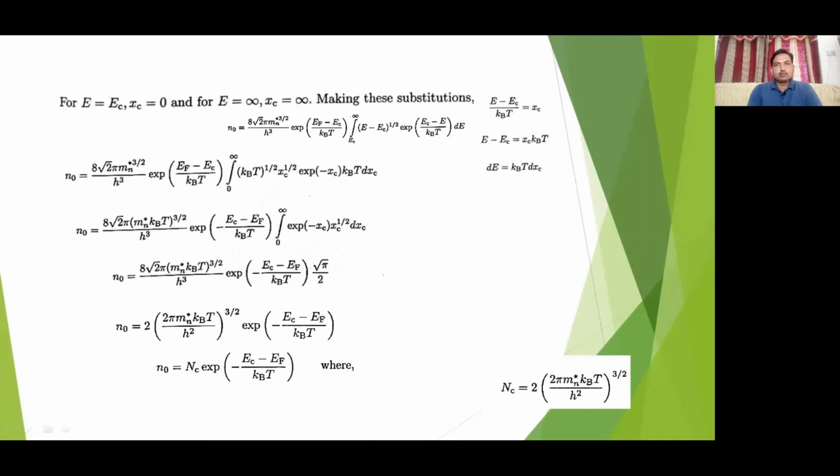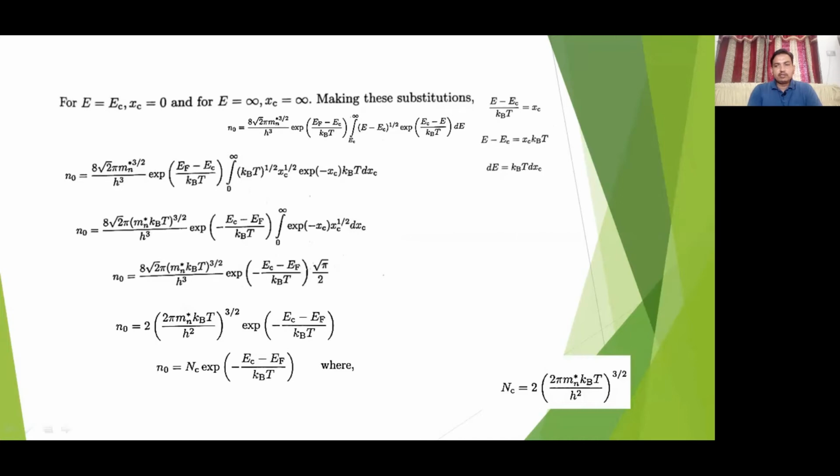You replace E minus EC with XC KBT, you have taken all the constant values outside, you replace dE by KBT dXC, and you replace EC minus EF over KBT by the exponential term. Just simplify it, and you come to the final result: N naught is equal to NC exponential of EC minus EF over KBT.